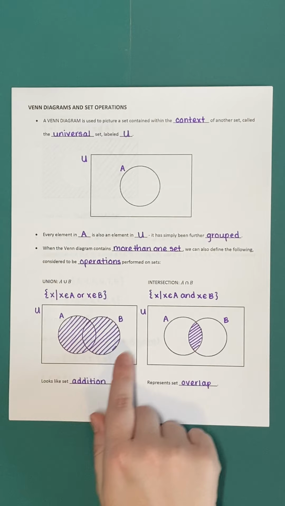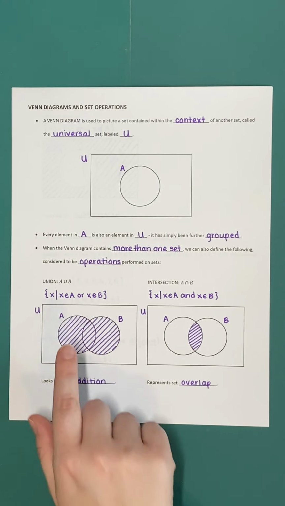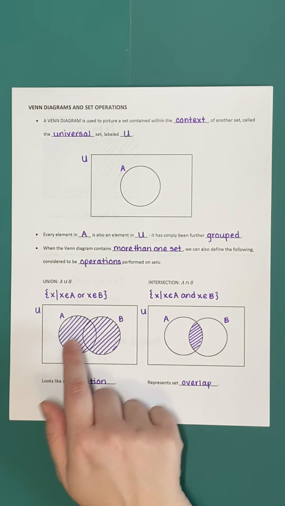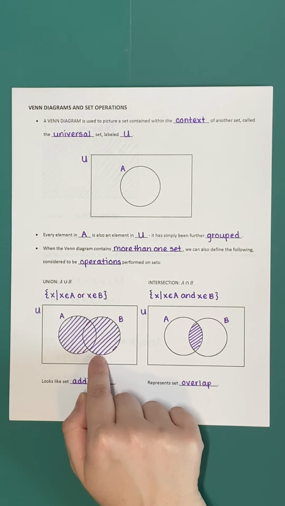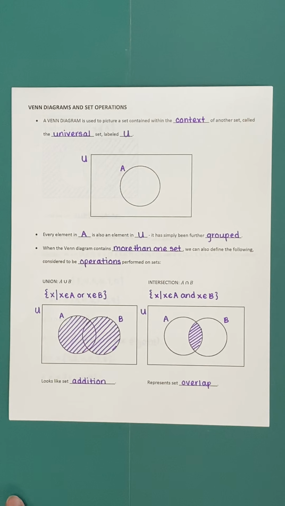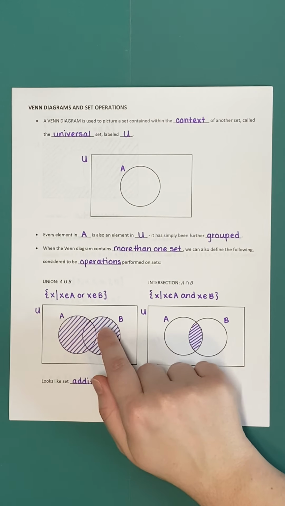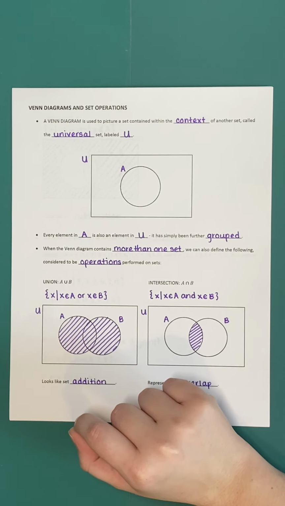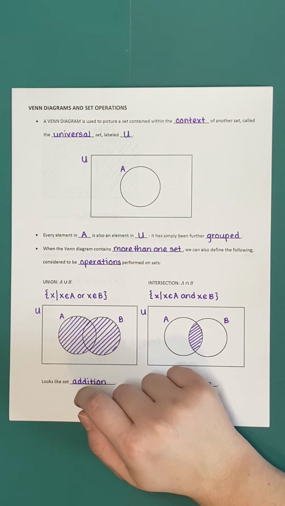So if we have our standard Venn diagram, this is what you're used to seeing. You may not be used to seeing the rectangle, you're probably just used to seeing the overlapping circles. But we still have our universal set, the context for our problem. In other words, think of it like the list of all the students in a class. Now we have two sets where we've further grouped the elements, but we've overlapped these sets.